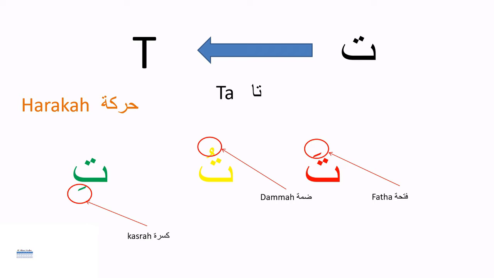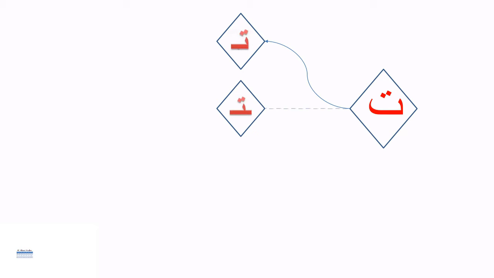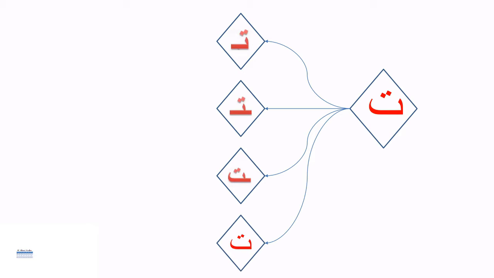Okay, so let's see how harf ta, the letter ta, can look depending on its location in the word, whether it's in the beginning, in the middle, in the end but connected to the previous letter, or in the end but not connected to anything.